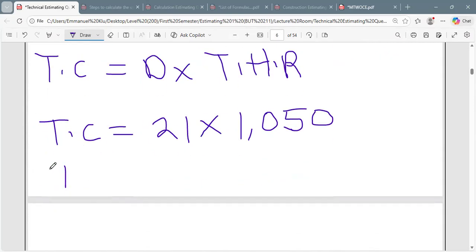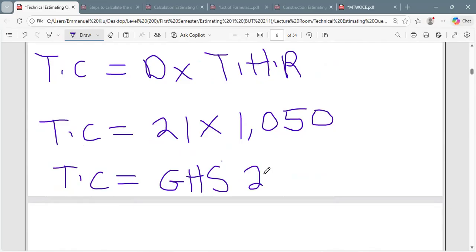So at the end of the day, our total cost per gang day is going to become 22,050. So our total cost is going to be 22,050 cities.